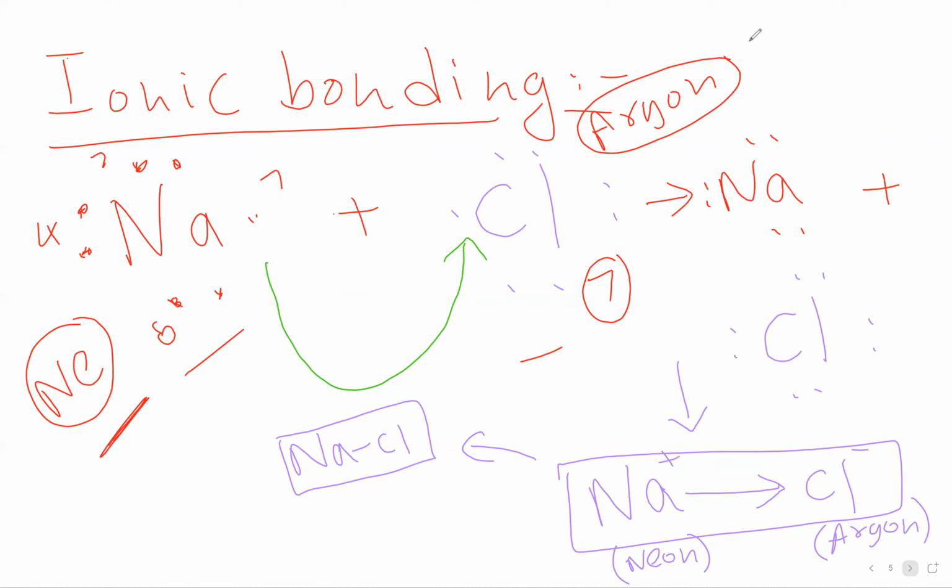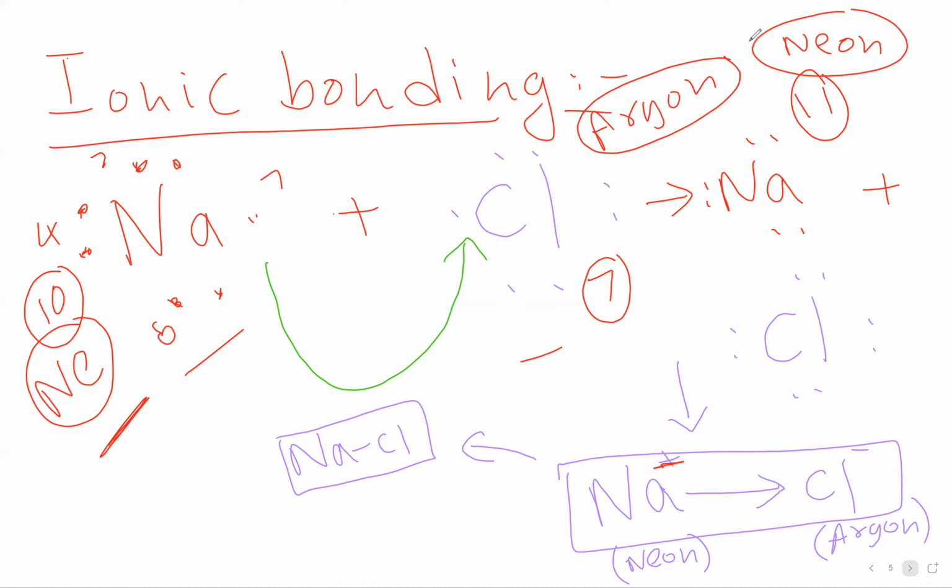Sodium has atomic number 11 and neon has atomic number 10. So sodium says, let me give away 1 electron so that I can pretend to be like neon. It gives away one of the electrons.